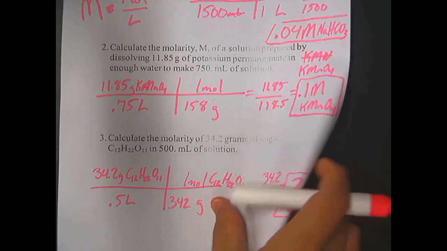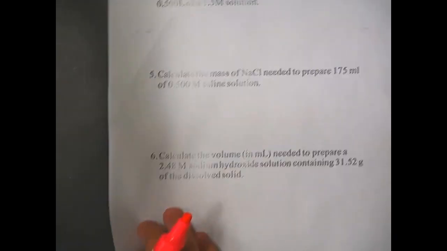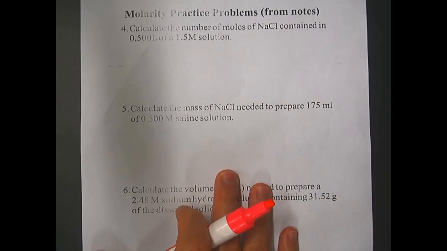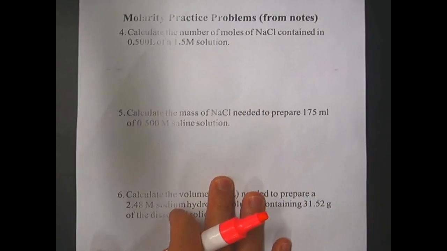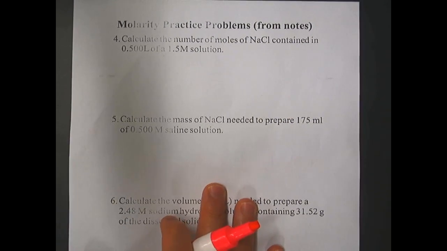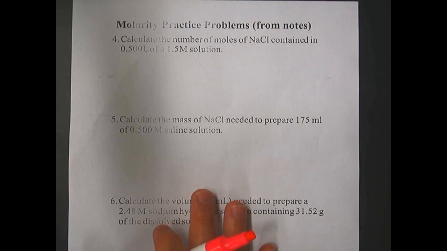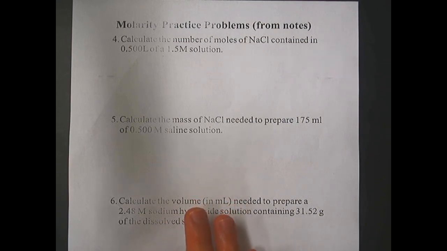All right, on the back is the second type of question, and these are slightly more complicated. But if you know how to solve them, if you know how to do the math, then they're actually pretty simple. The questions are going to seem difficult, but it's actually pretty simple.